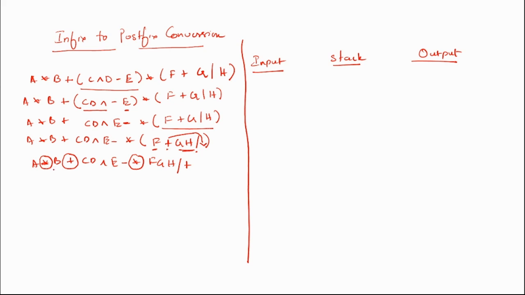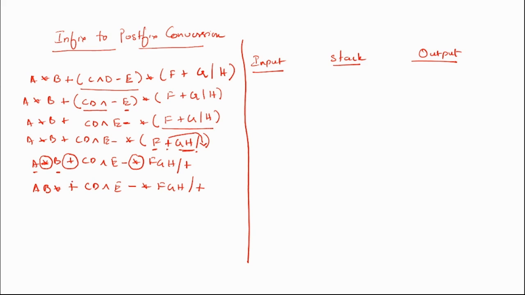So now multiplication is yet to be evaluated, plus is yet to be evaluated, right? Therefore my operand 1 will be a and operand 2 will be b, correct? So I will say here a b star, and then I'll write the rest of the expression as it is, correct? f g h by plus.